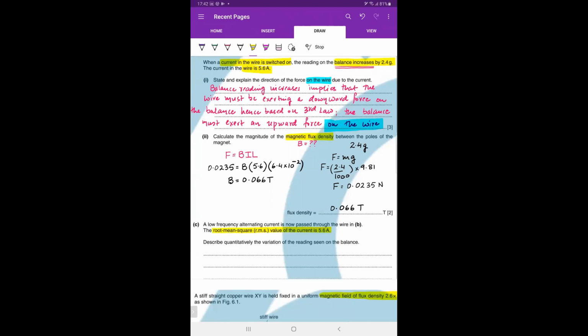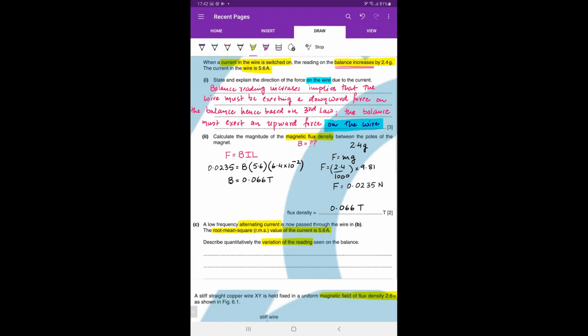The terms which I'm highlighting indicate that the direct current has now been switched to alternating current. And the question is again asking the same thing, that you are supposed to determine the variation of the reading.